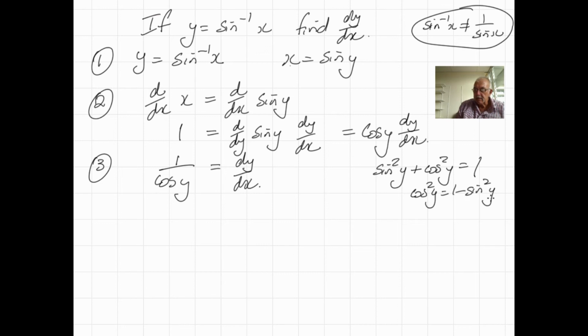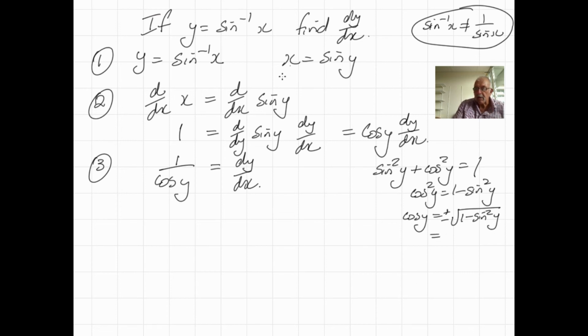And so we can say that cos y, when we take the square root, is plus or minus the square root of 1 minus sine squared y.